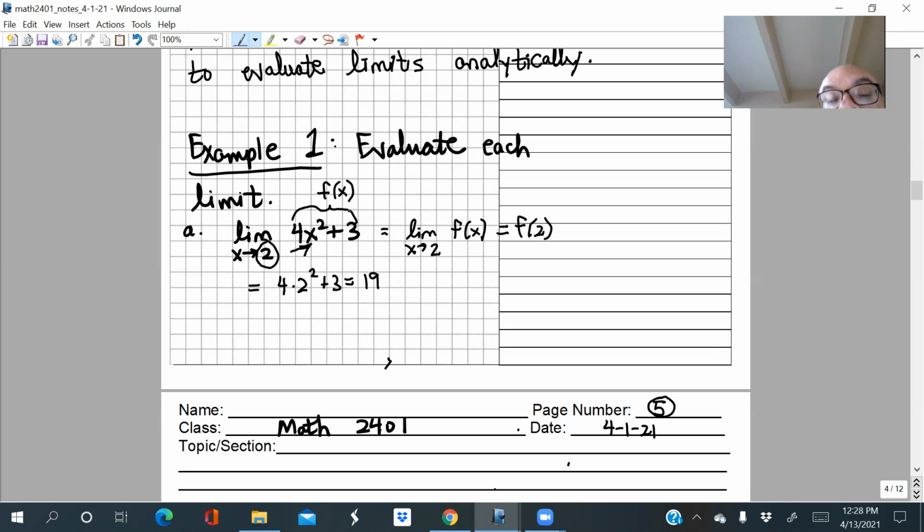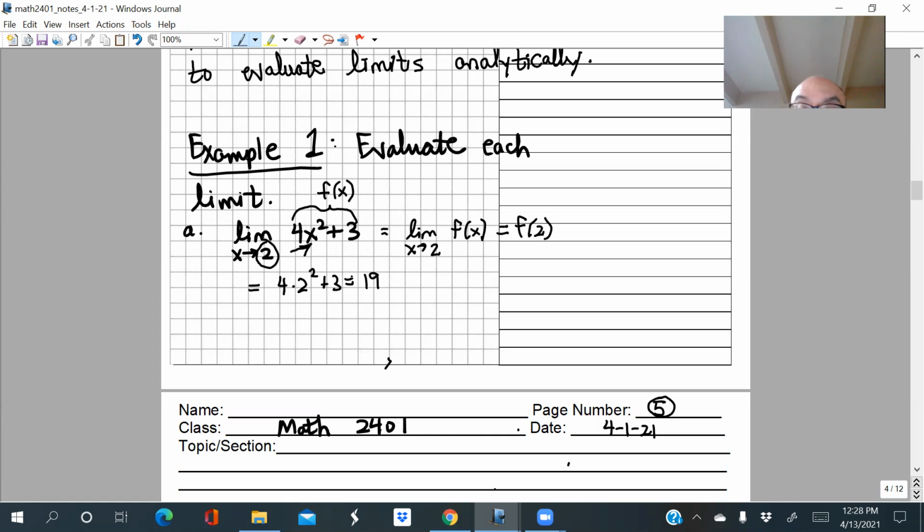So when we're computing limits and we realize that the expression we're trying to calculate the limit for is going to be a continuous function like this one, then the limit's going to be really easy to compute. All you have to do is plug your limit value into your expression, do the calculation, and that's it. There's the limit. You don't have to do anything special. You don't have to draw a graph and try to figure out the limit.